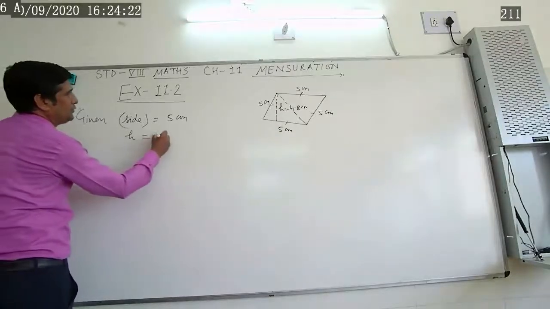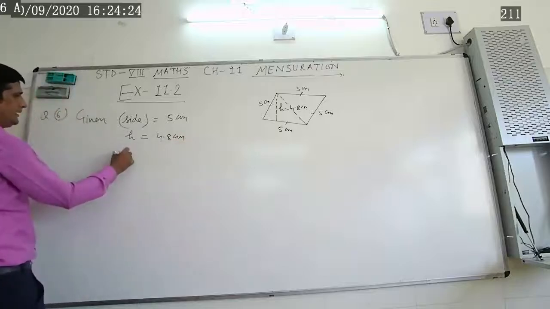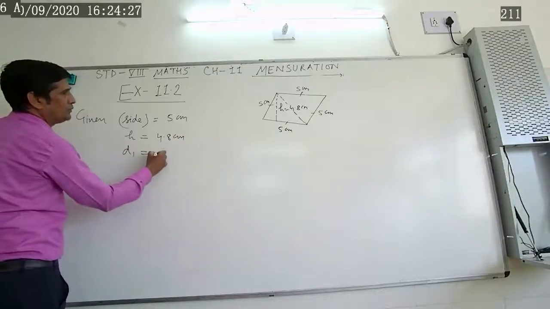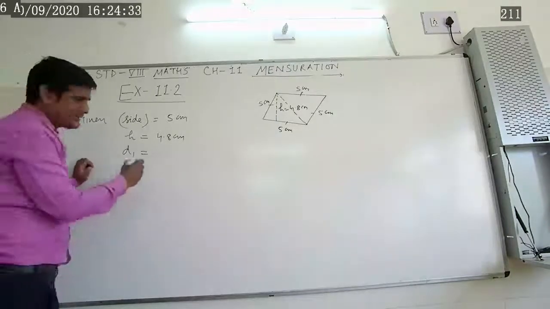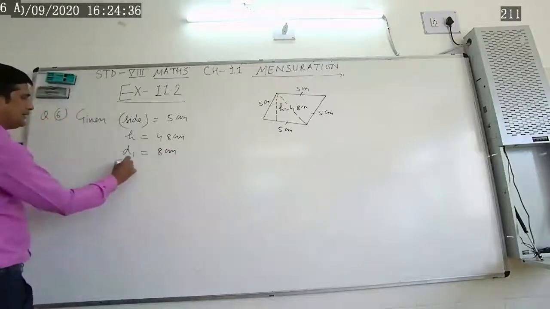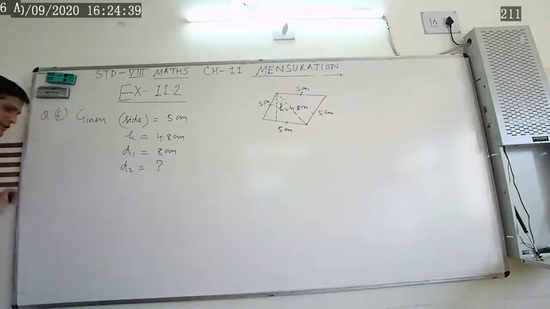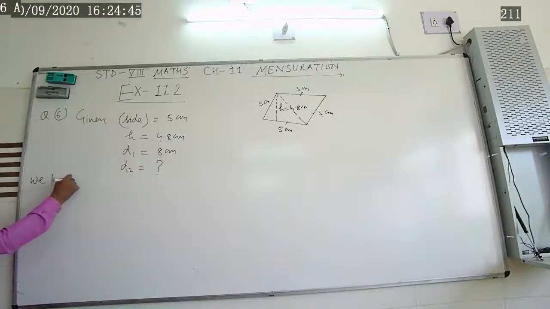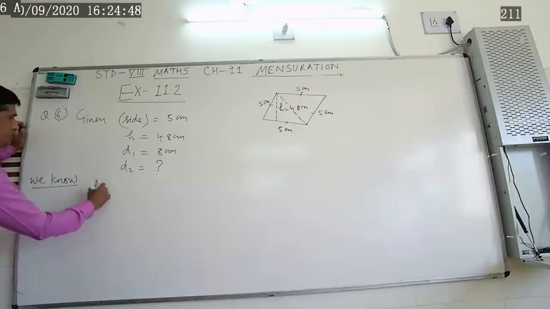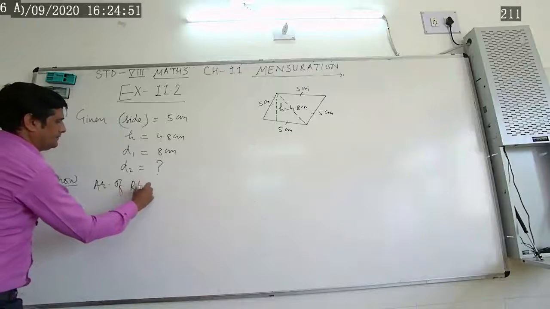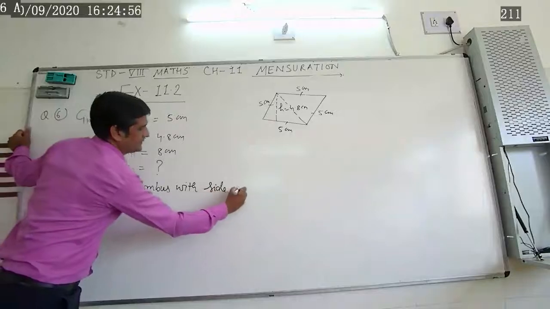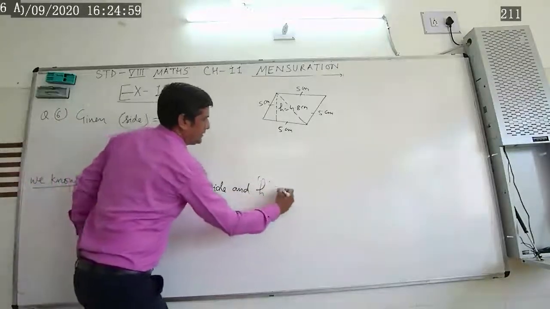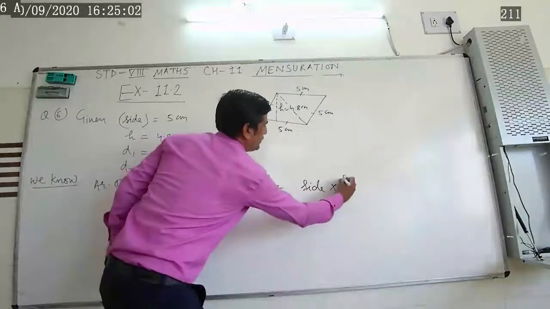height h is equal to 4.8 centimeter, d1 is given in the book, d1 is equal to 8 centimeter and d2 is under supposition. We have to find it out. So we know the area of the rhombus with side and height is equal to side into height.